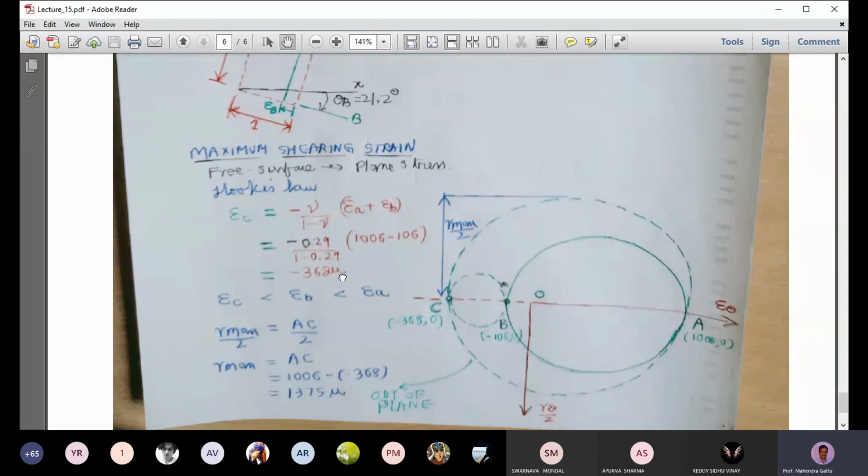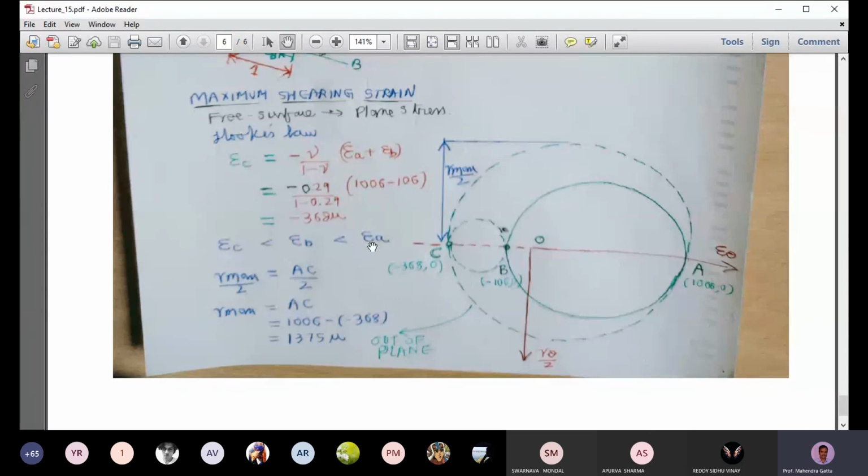So we can draw the Mohr circle for these three strains: epsilon a 1006, epsilon b minus 106, epsilon c minus 368, and we can identify the corresponding coordinates C, B, and A on the epsilon theta axis. So this is 1006 comma 0, this is minus 106 comma 0, and this is minus 368 comma 0.